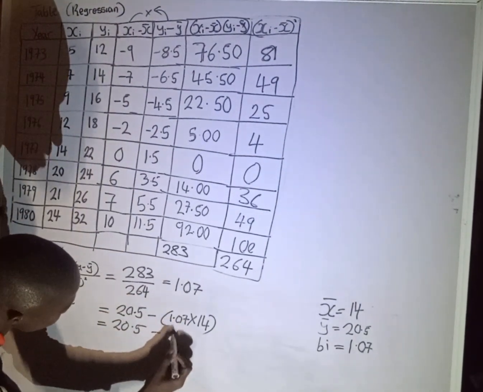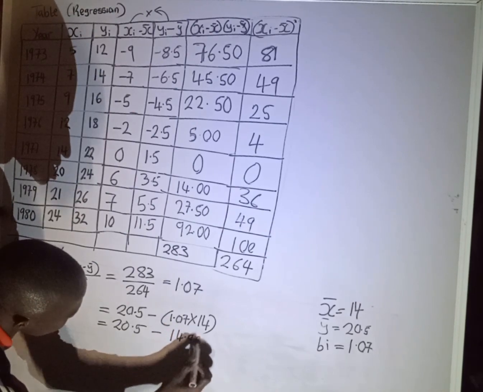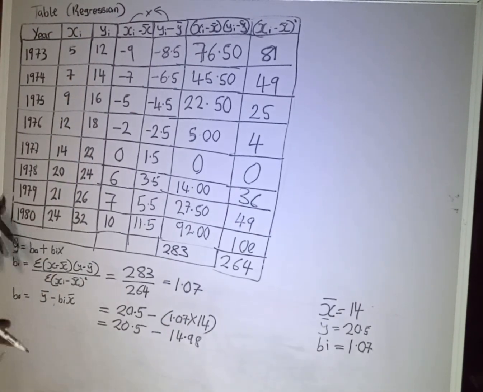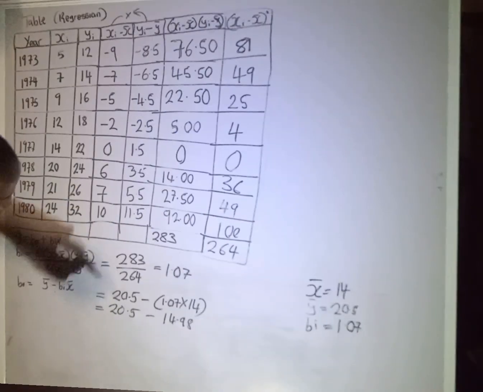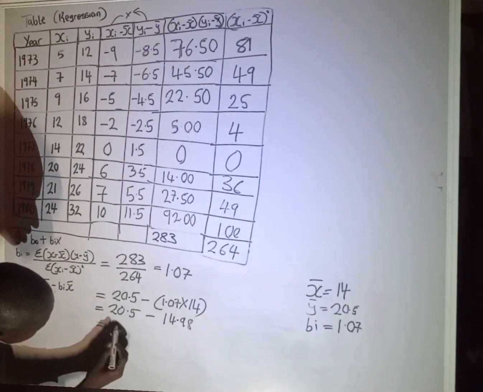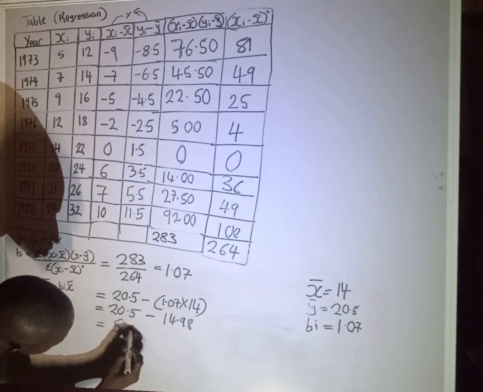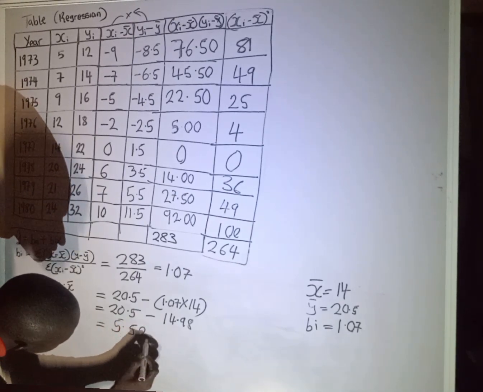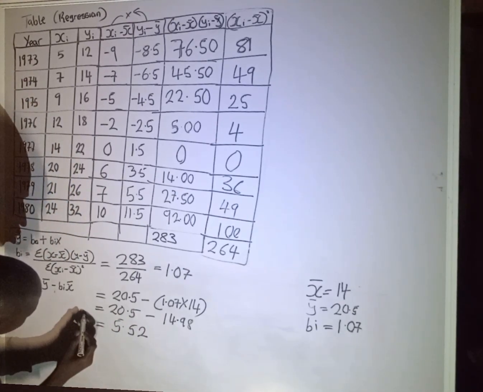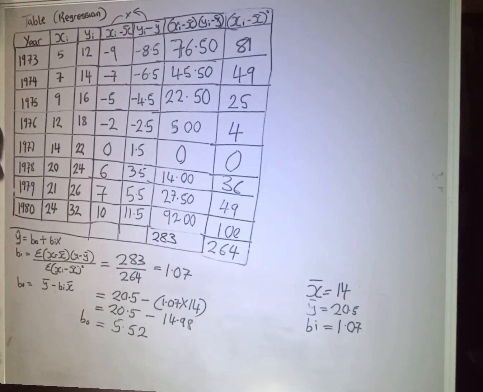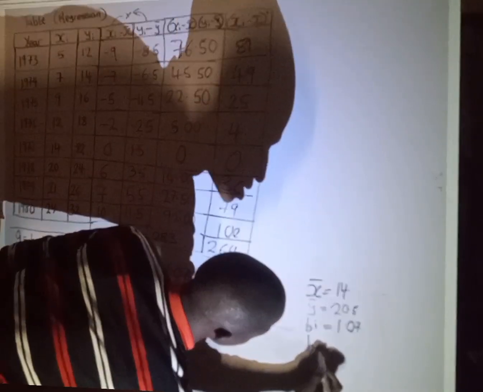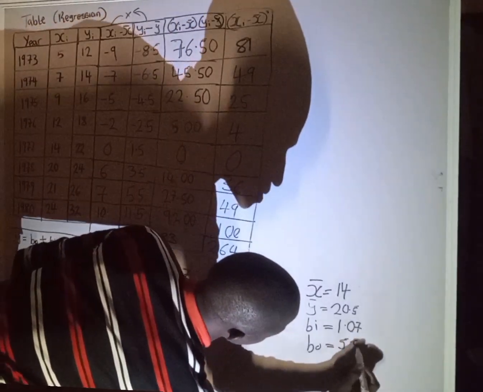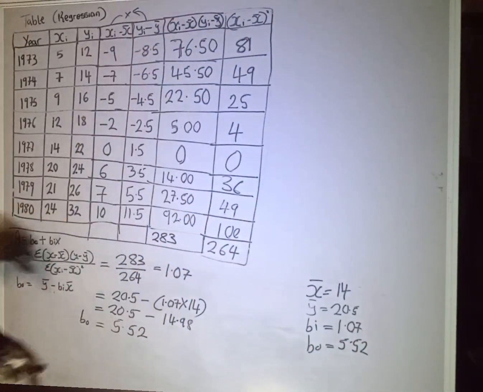So 20.5 minus 14.98 will give me 5.52. So the intercept, which is b naught, is 5.52. So I'll put down here b naught is equal to 5.52.